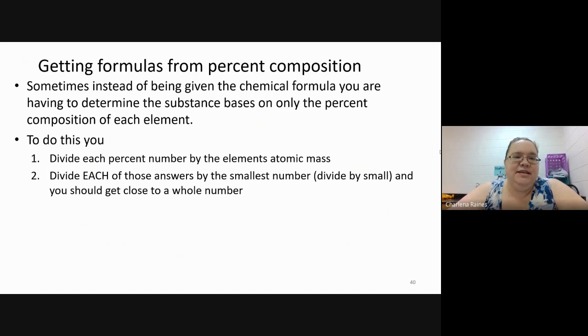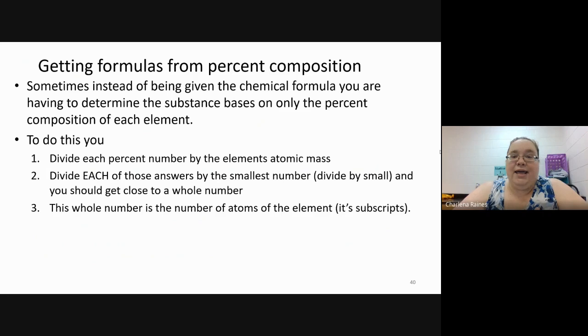What this does is it gives you the ratio of elements to each other. So we divide by mass, we divide by small, and we should get a whole number. That whole number is what we use as our subscript. So divide by mass, divide by small, and most of the time, that number becomes my subscript.